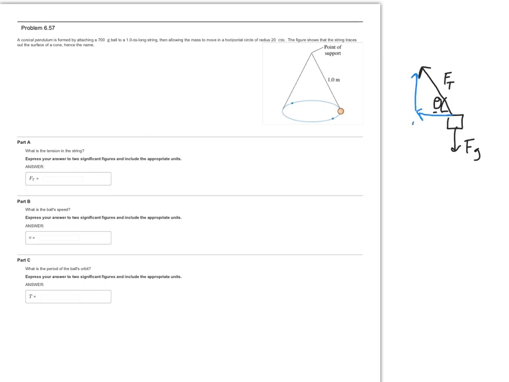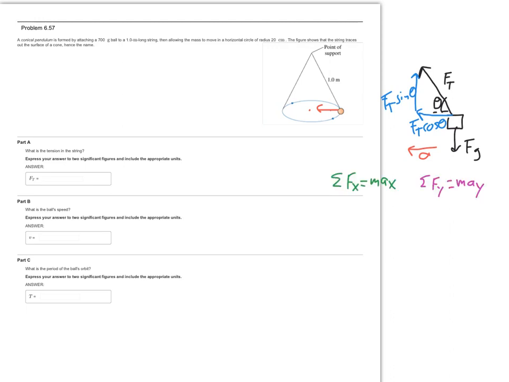I'm going to go ahead and draw my x and y components here. So we're going to have F_T cosine of theta and F_T sine of theta as those components. My acceleration, of course, is going to be inwards towards the center of the circle at that point. Now I can set up my F equals ma in both the x and the y direction.